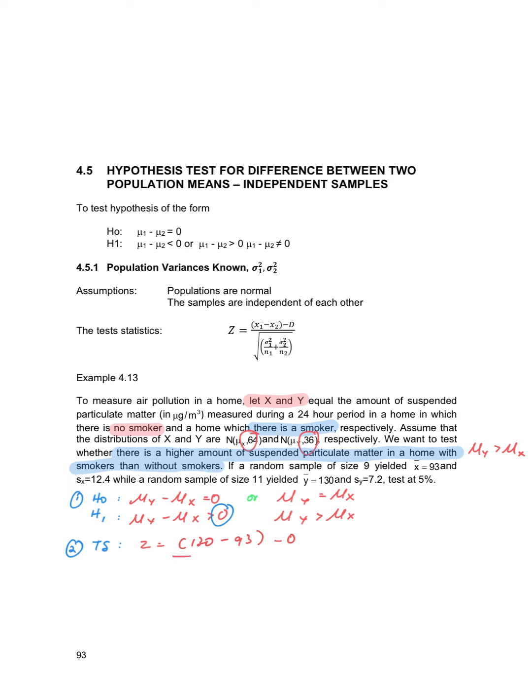Okay, over square root variance sigma 1 square over n1, so meaning that 64 over 9 plus 36 over 11.